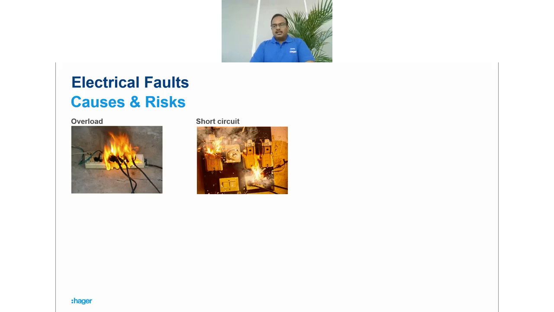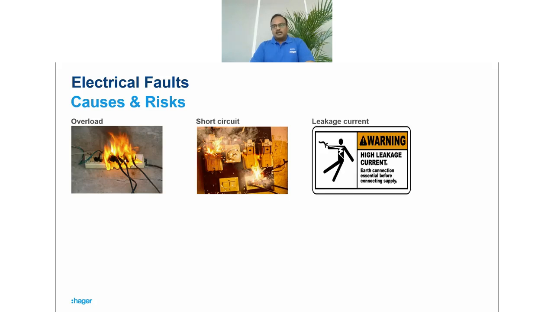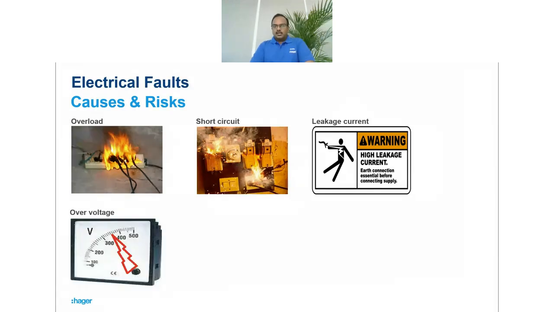There are leakage currents, earth leakage, which can give a shock, and sometimes can even go up to cardiac arrest. We have overvoltage sometimes, coming as an input. This can happen if there is not a properly voltage stabilized input.